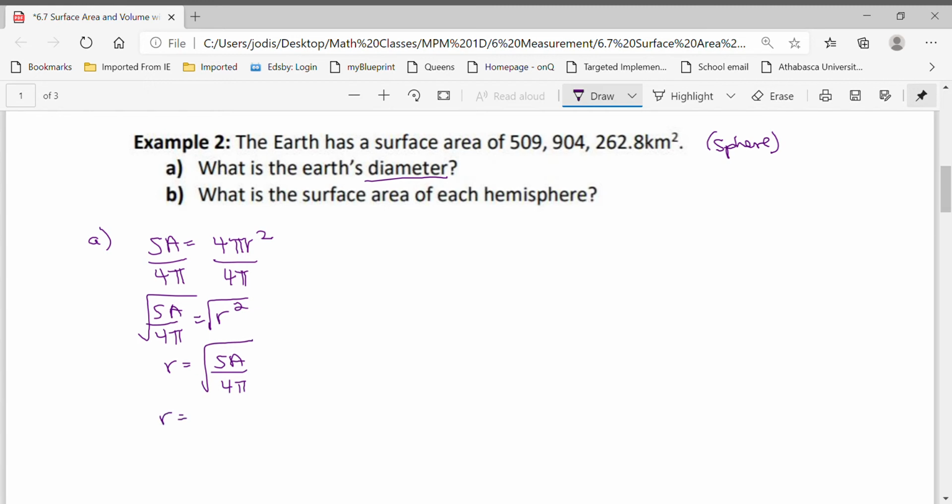Okay, so the surface area, 509,904,262.8, all divided by 4 pi and the square root of that. So thankfully we have calculators and we can do this all in our calculator, and we end up with 6,370.0 kilometers.